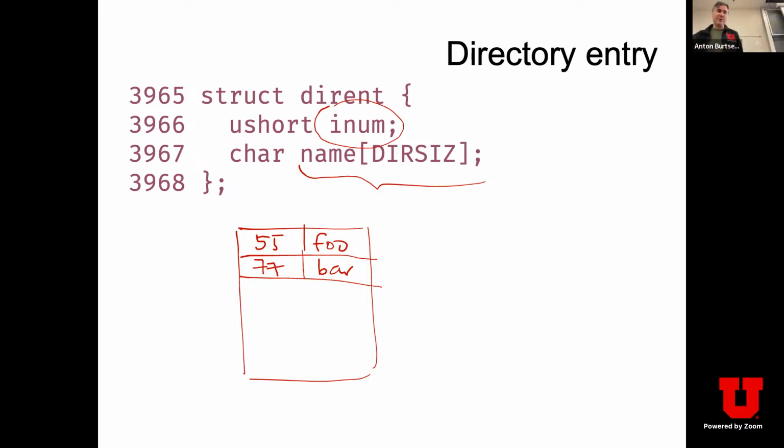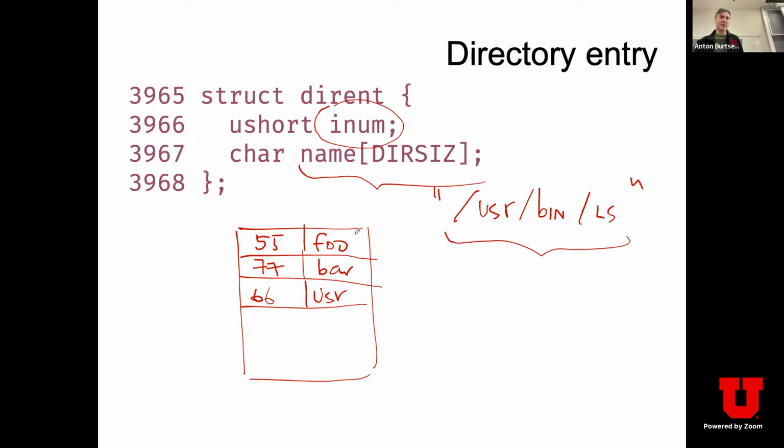And you can imagine, if you have a path, something like /user/bin/ls, imagine this is root and I have user here and it says 5066, then your algorithm takes this string, and if this represents a root directory, it scans each entry.